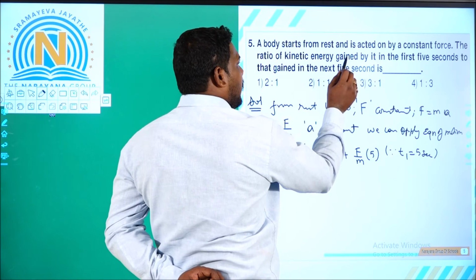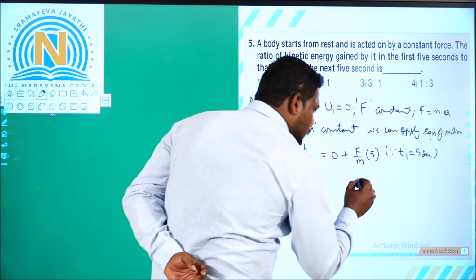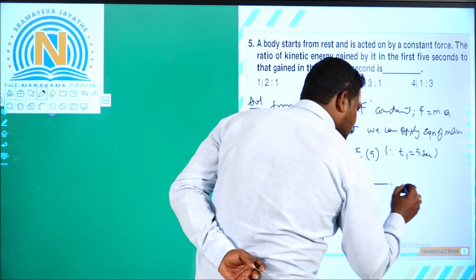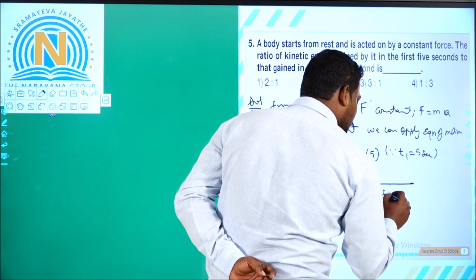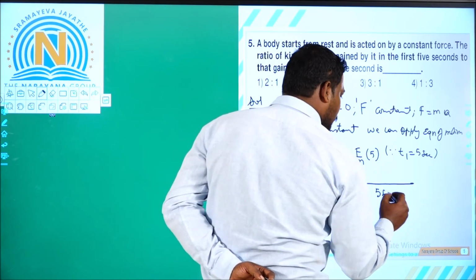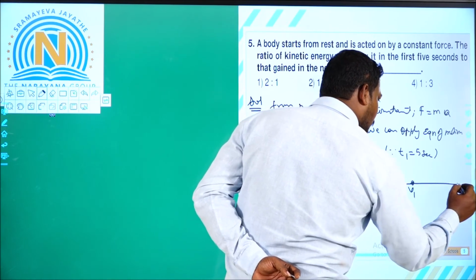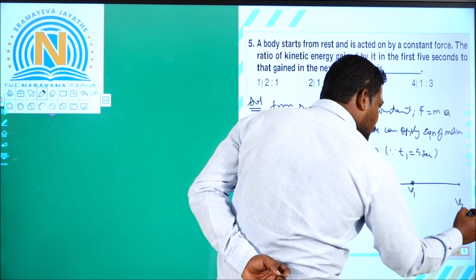Now let us go to the question and see it out. The ratio of kinetic energy gained in first 5 seconds to that gained in next 5 seconds. That is, a body starting from rest at this position, in 5 seconds has some velocity v1. From here again we have to calculate such that the final is v2 velocity.